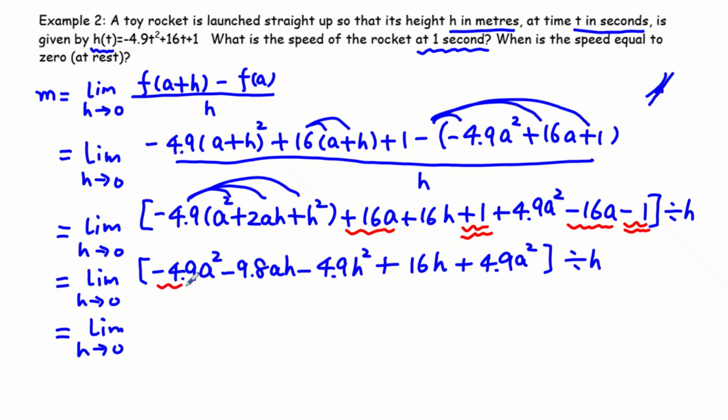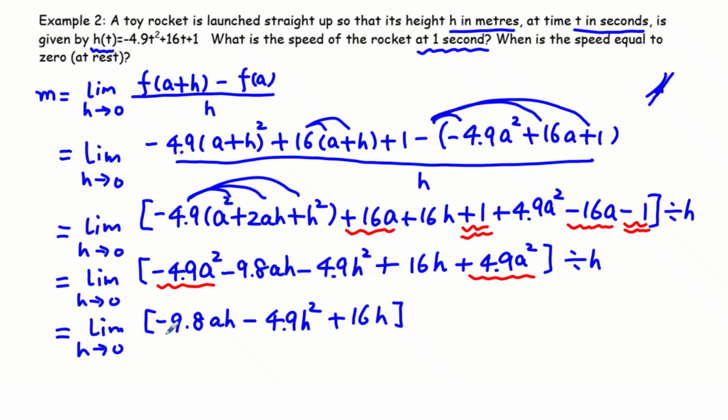So a squared, they are like terms. Minus 4.9 plus 4.9 is 0. And we don't have other like terms, so we just copy negative 9.8ah minus 4.9 h squared plus 16h.